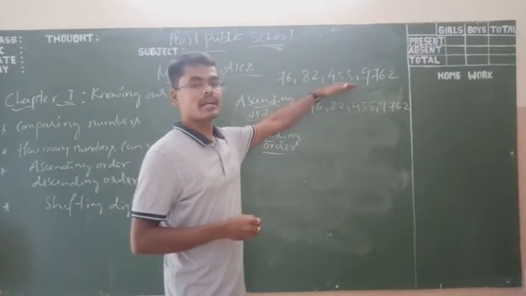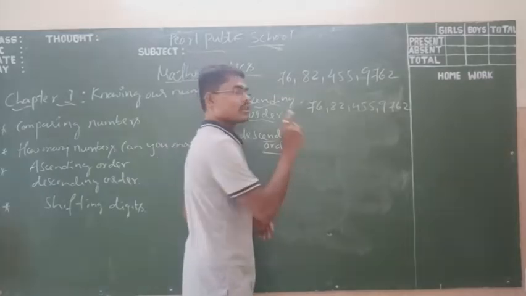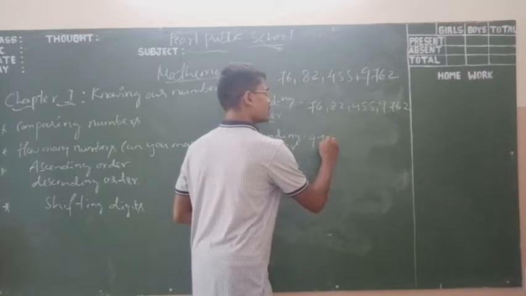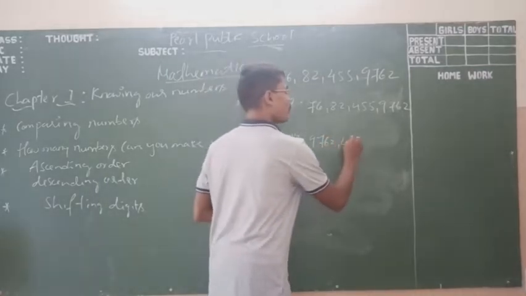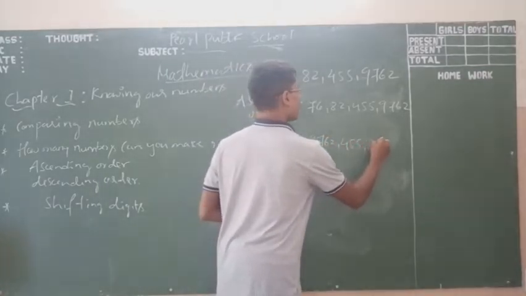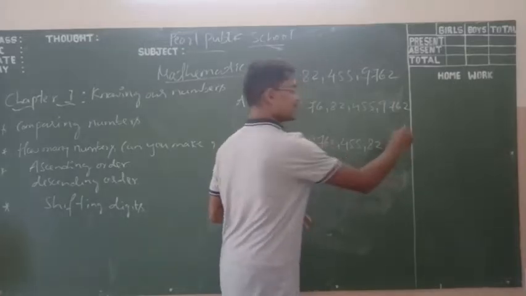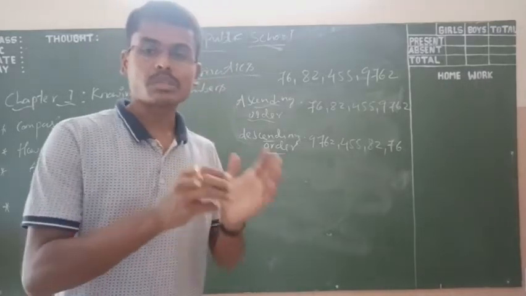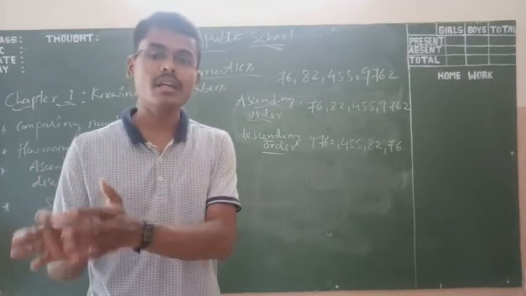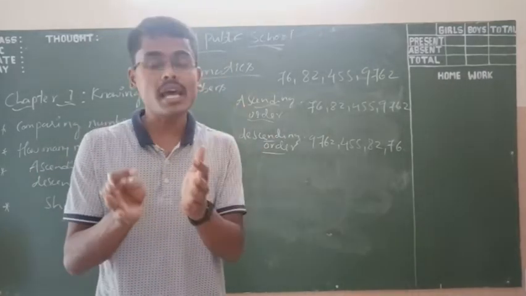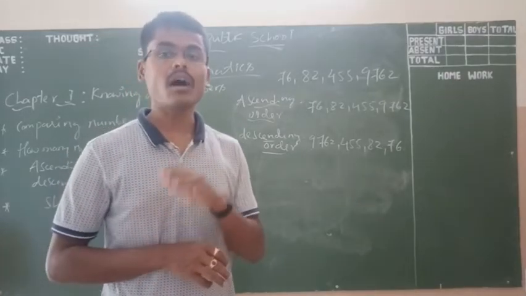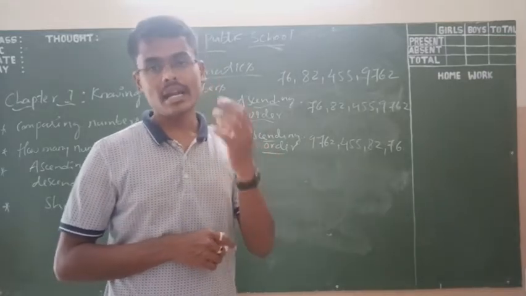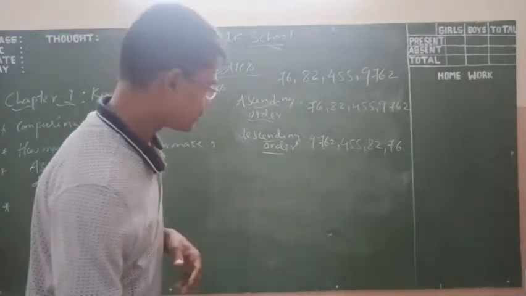Here, the very first you write is the greatest number, 9762, and next 455, and next 82, and the next becomes 76. Like that, when we arrange from smallest to the greatest, that becomes ascending order. From greatest to the smallest, that becomes descending order. That is how we write the orders, your ascending and descending orders.